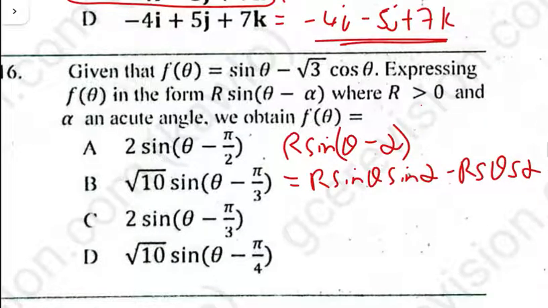So equating components here, this is sine theta and this is sine theta. It's that r cos alpha equals 1.